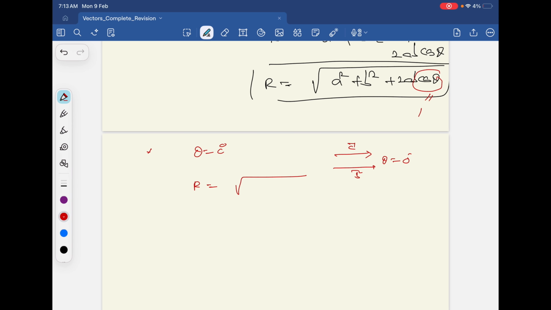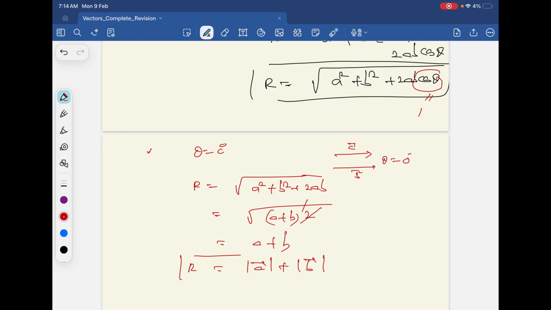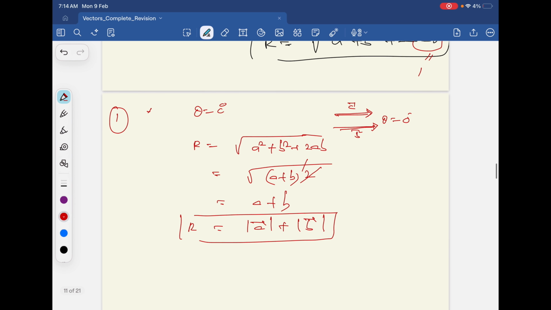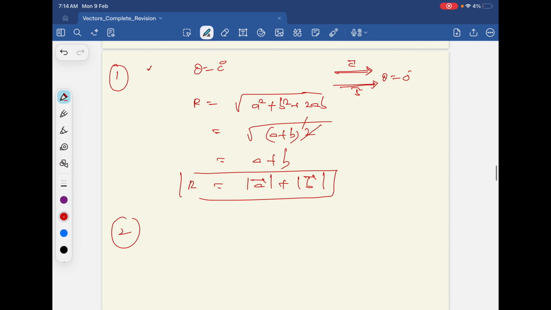Cos 0 value is 1, so it becomes A square plus B square plus 2AB, which is under root of A plus B whole square, simply A plus B. That means simply the magnitude of A and magnitude of B. So when two vectors are pointing in the same direction, simply add their magnitudes. This is the conclusion.